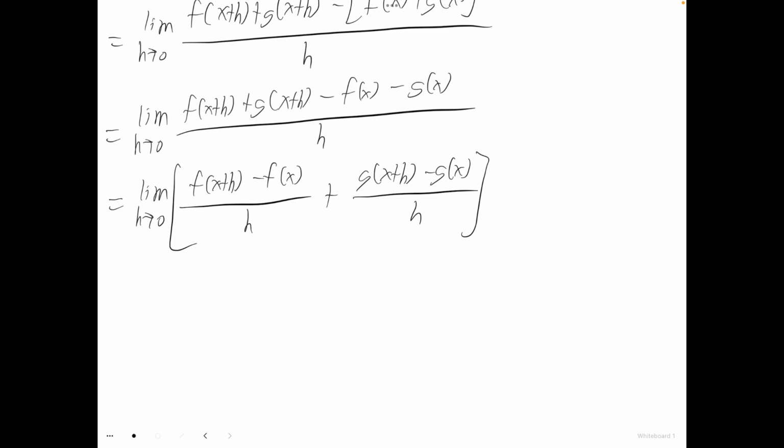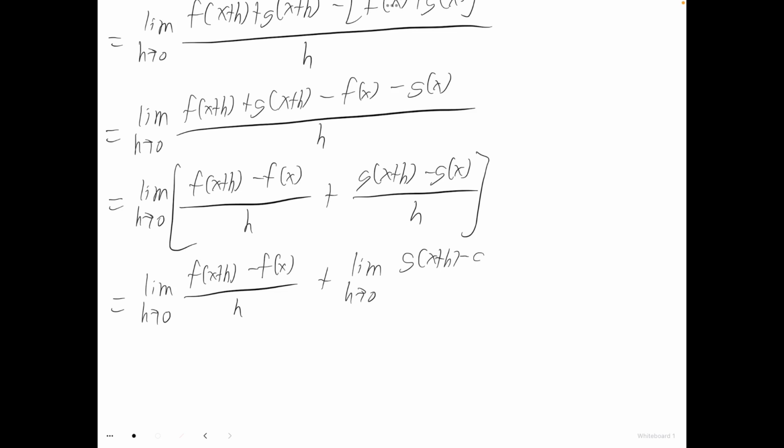But now we know that f and g are both differentiable. And so we know the limit will exist, so we can split this limit into two pieces. So the limit as h goes to 0 of f of x plus h minus f of x divided by h, plus the limit as h goes to 0 of g of x plus h minus g of x divided by h.